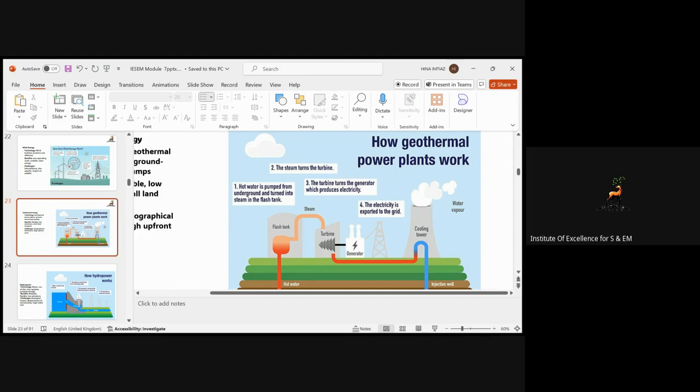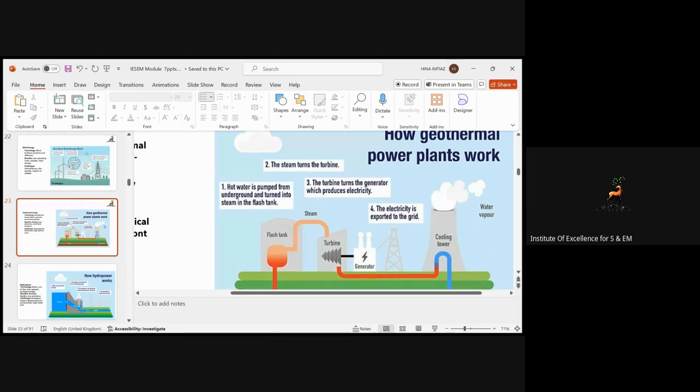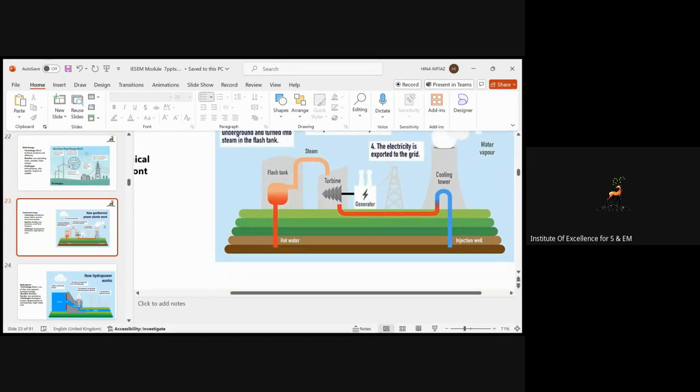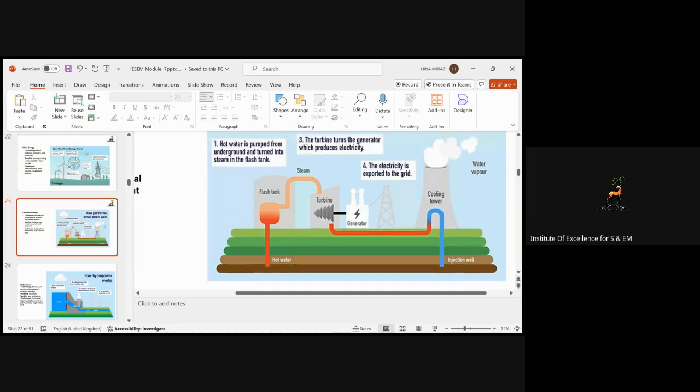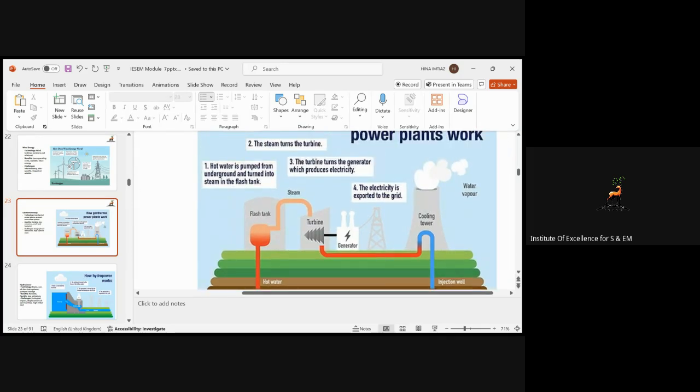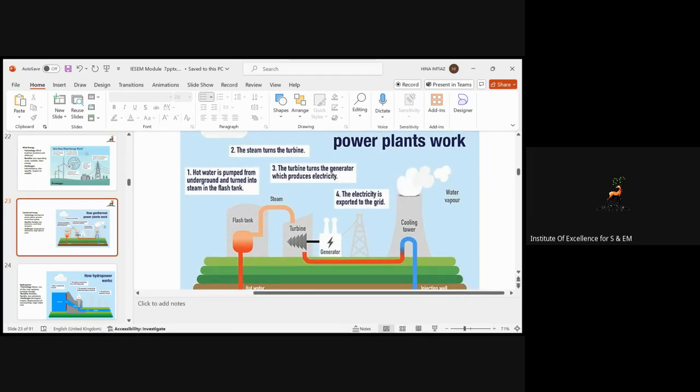When we see the process, in the first step we pump the hot water from underground and turn it into steam in the flash tanks. You can see there is hot water and we are pumping it into the tank. In the second step, we use that steam to turn the turbine.